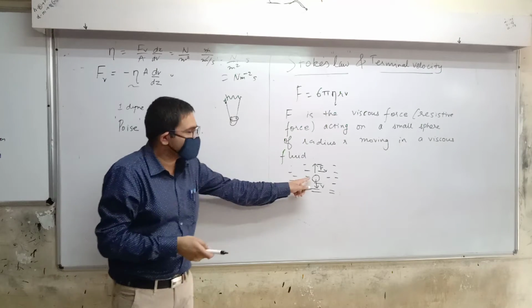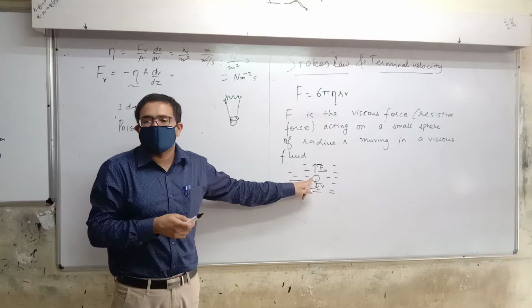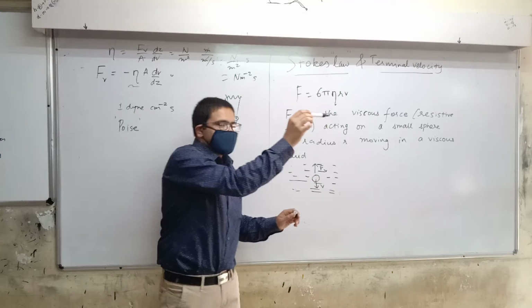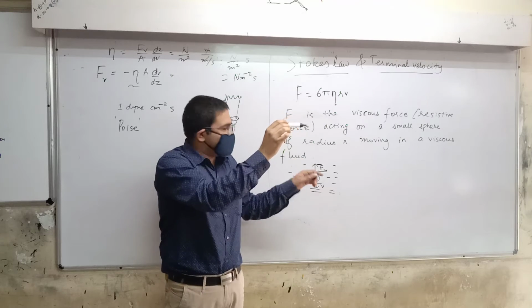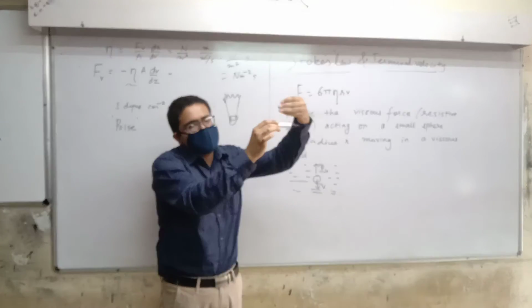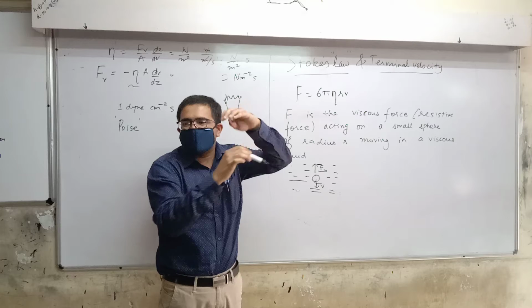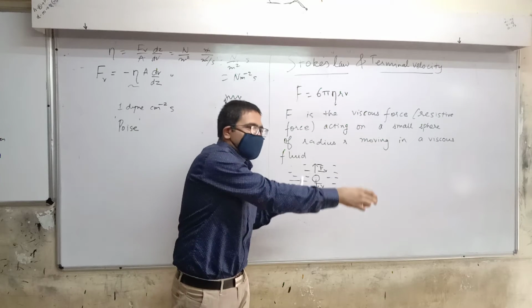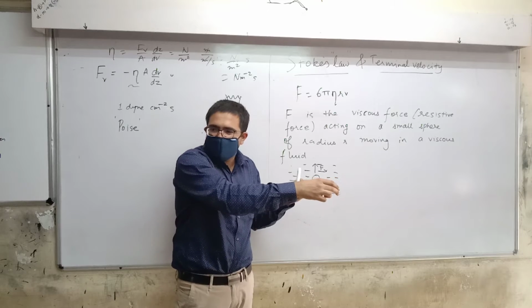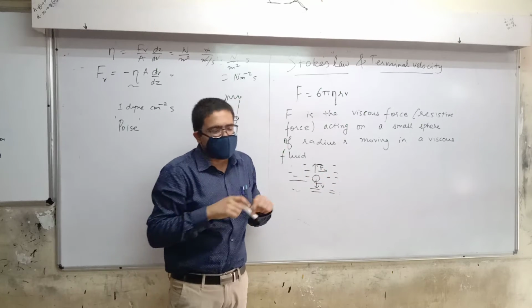Why? Because of this kind of force. So let's say the shuttlecock is moving to the right side, very fast. But because of that viscous force in the opposite direction, its speed will very quickly decrease and it will slow down.